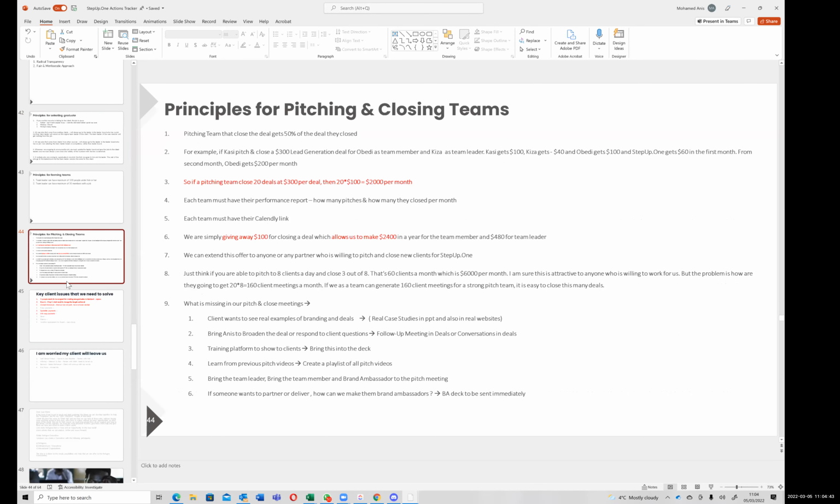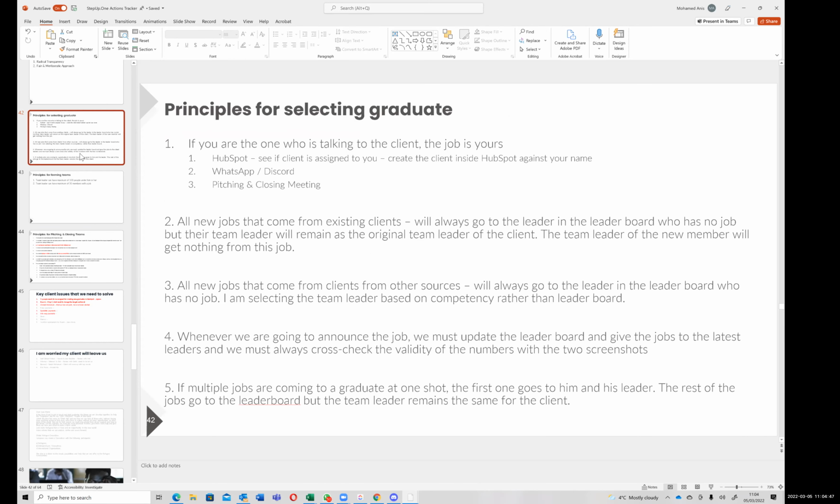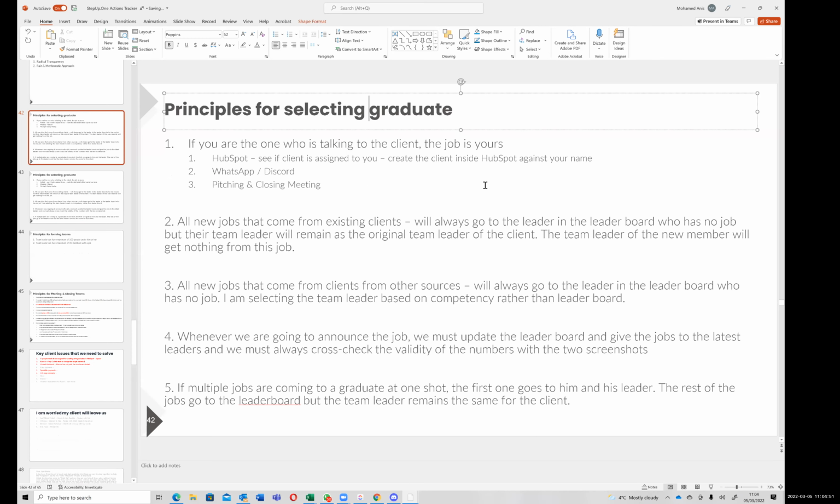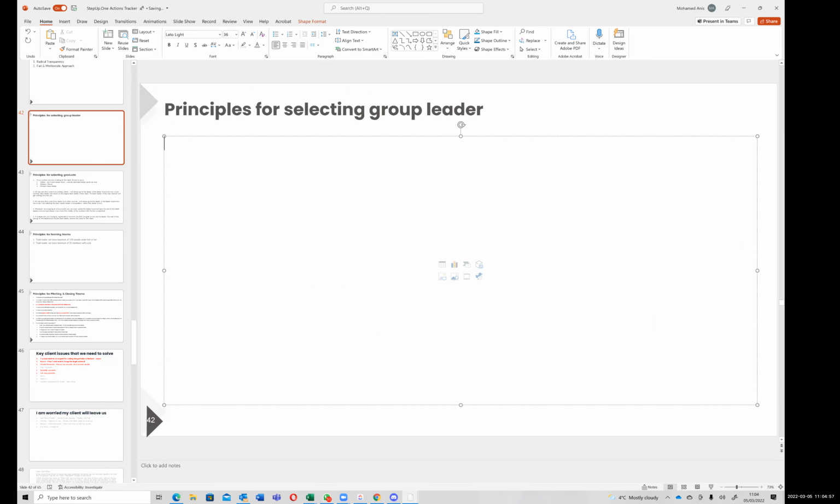So I think if we can do that, for example, for selecting a group leader, how, when and how, right? Why do we need them? To provide leadership and direction. That's why we need this.